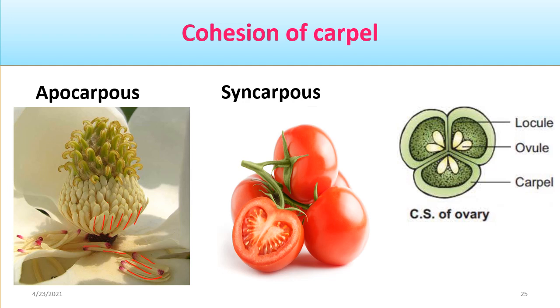If they were attached to each other, they would have fallen off as a unit, but they fall off separately, which means what? They are separate at the base, so they are free. That's why apocarpous.